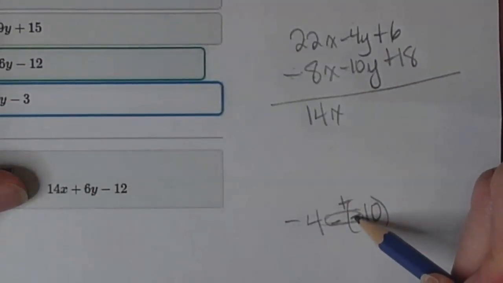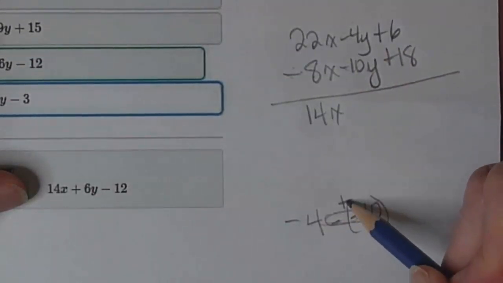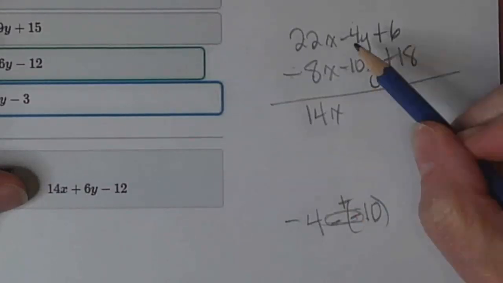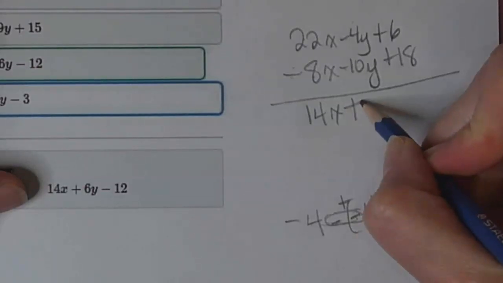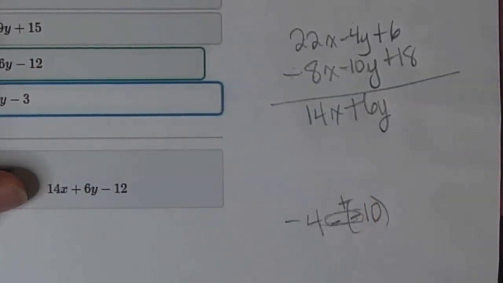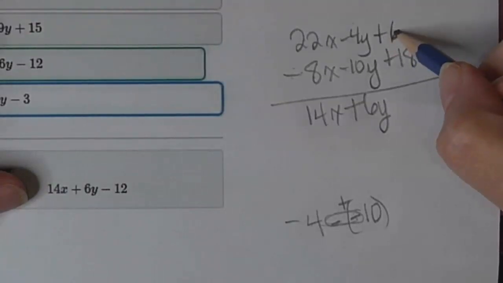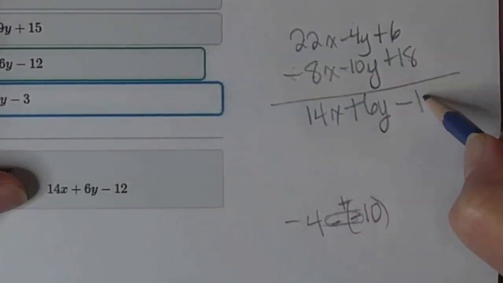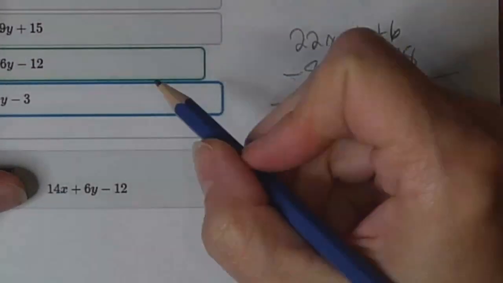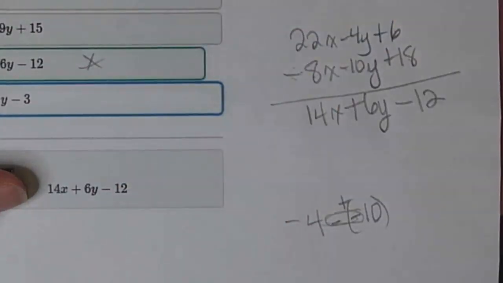So this one is actually going to be plus 6y. Plus 6 minus 18 is going to be minus 12. And there is our answer.